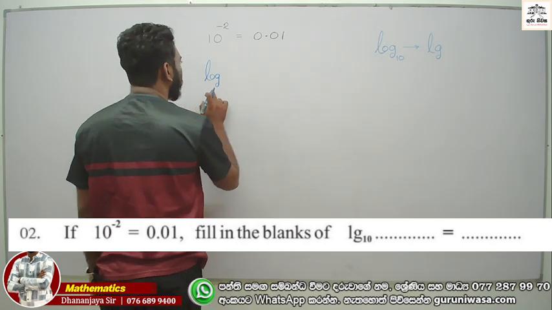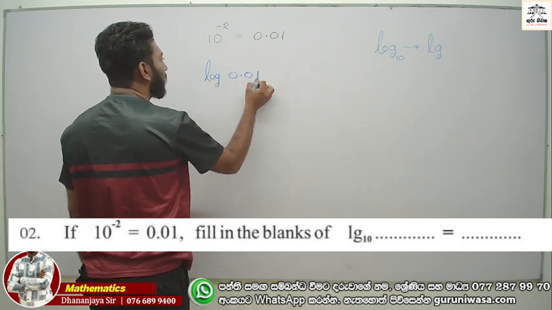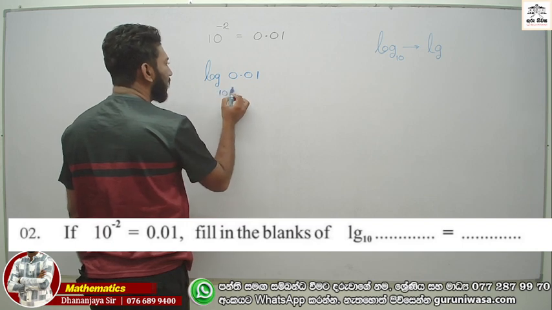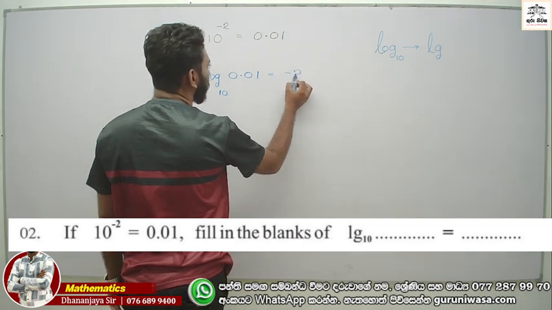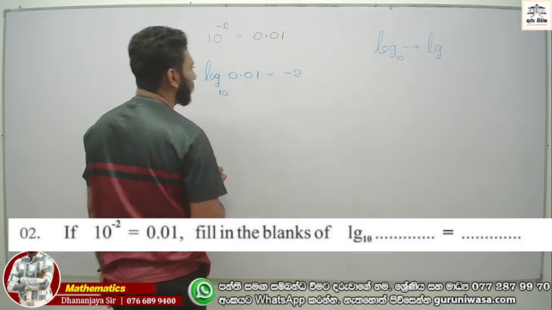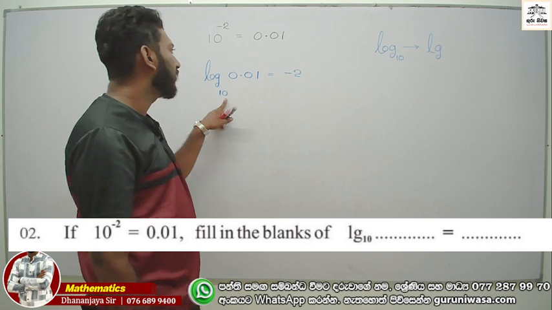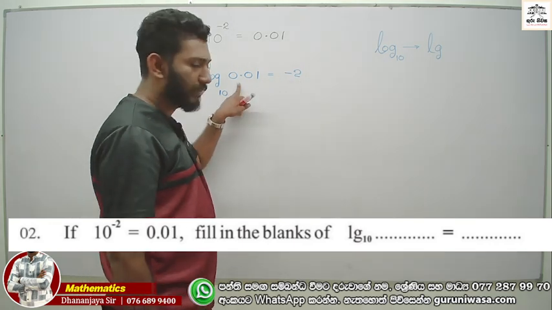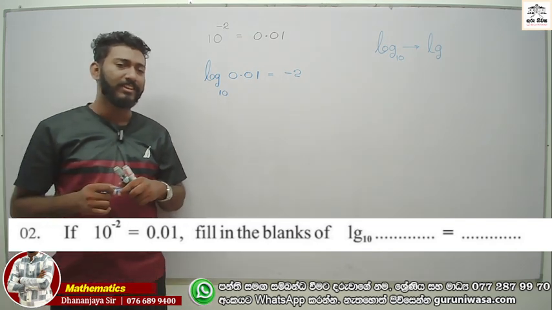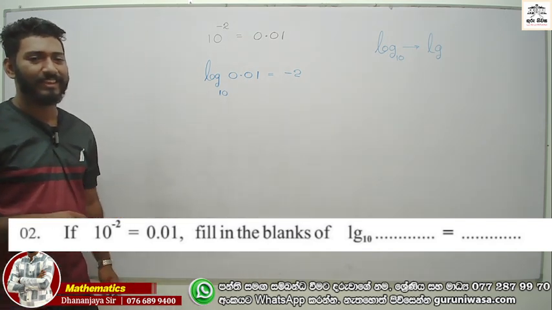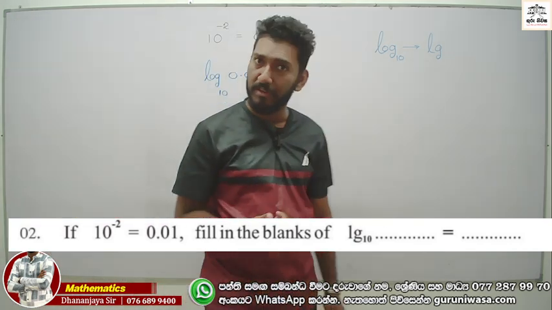Therefore, the logarithm of 0.01 to the base 10 is equal to minus 2. Minus 2, right? This is the base, logarithm, and the value. Understood, Situ? Yes, right? Any index form you can write as a logarithm form.